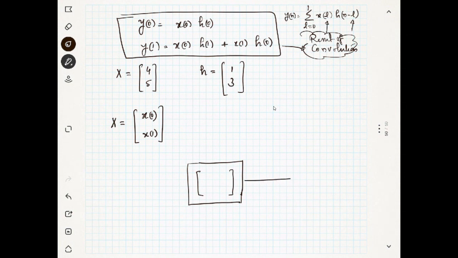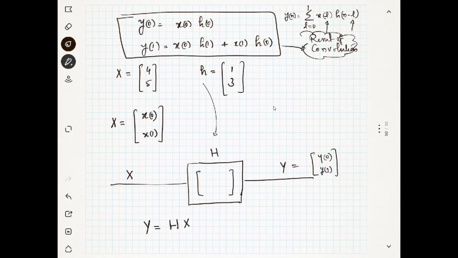You know it is a matrix, and my output is nothing but y0 and y1, and this matrix I will call H because it is coming from the system, and this is X. So I am going to represent my output Y as H into X. You can see it is a simple multiplication in matrix, or it is a linear multiplication. That's why we are calling it a linear system.